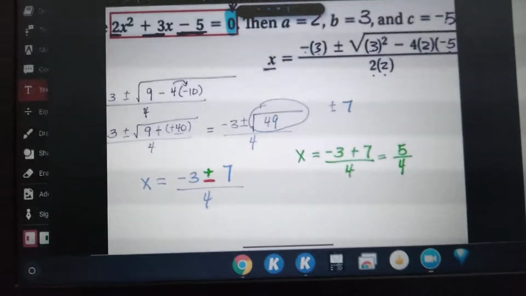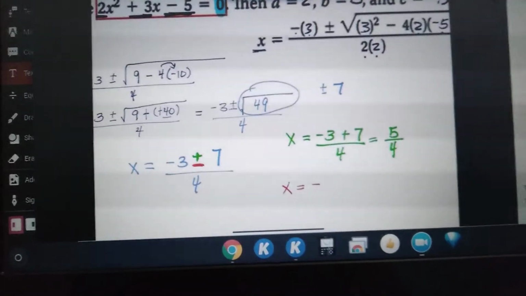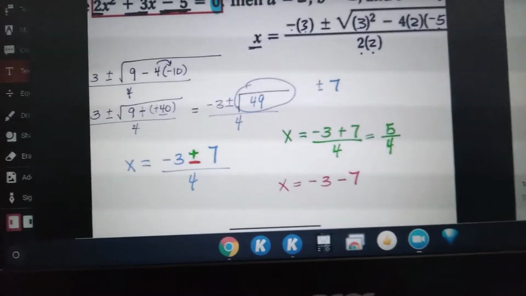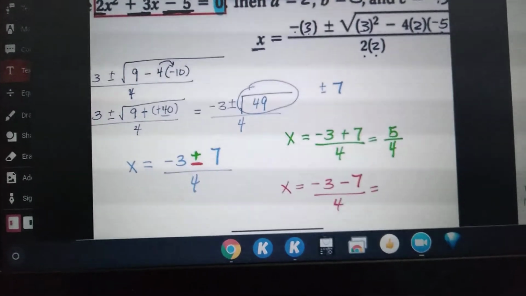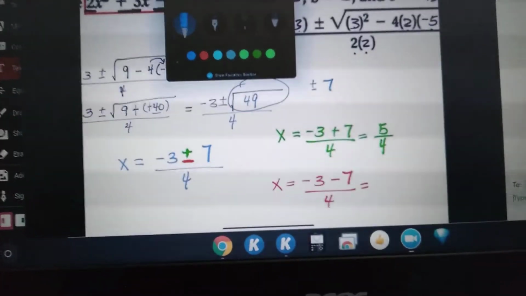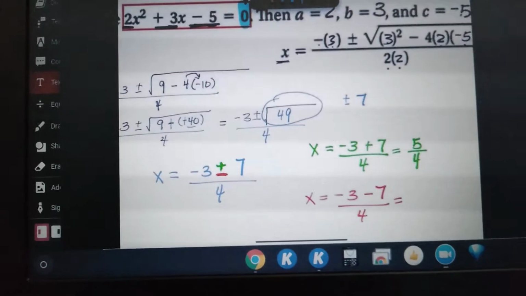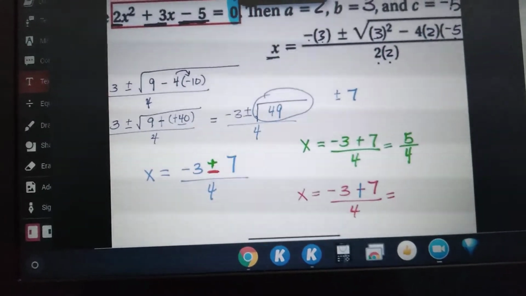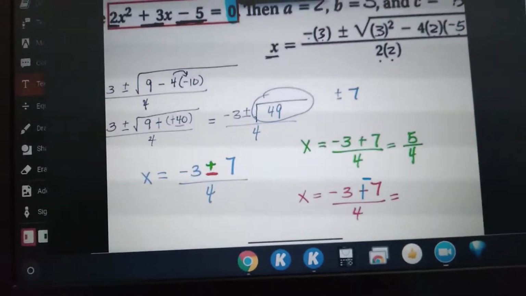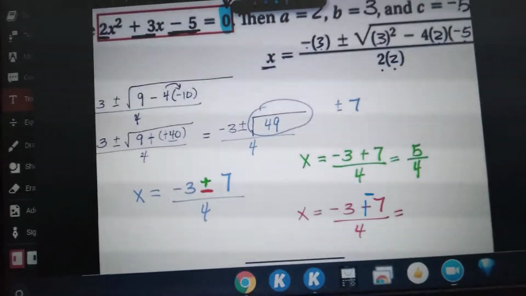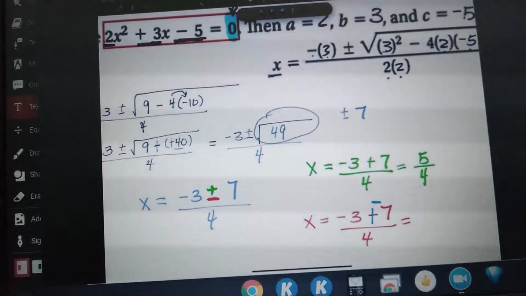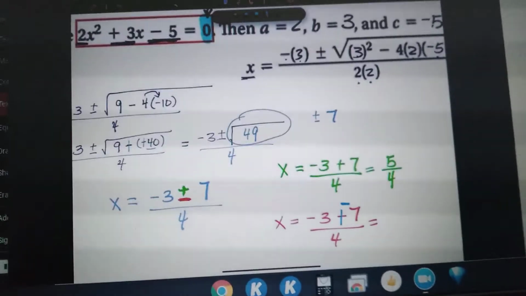Let's do the minus. So x equals negative 3 minus 7 all over 4. Remember, when we are subtracting, you always add the opposite. So change the subtraction to addition, flip the sign of the number. So negative 3 plus negative 7 all over 4.